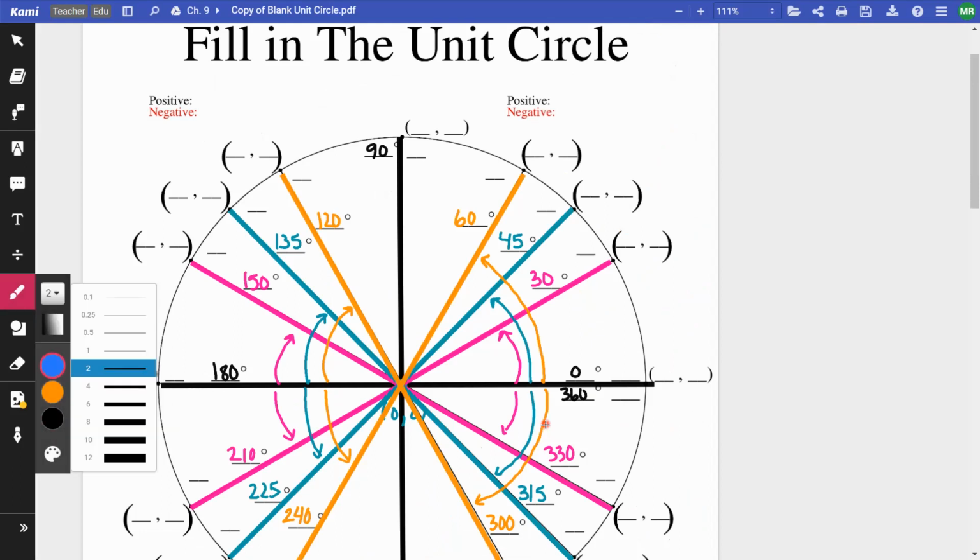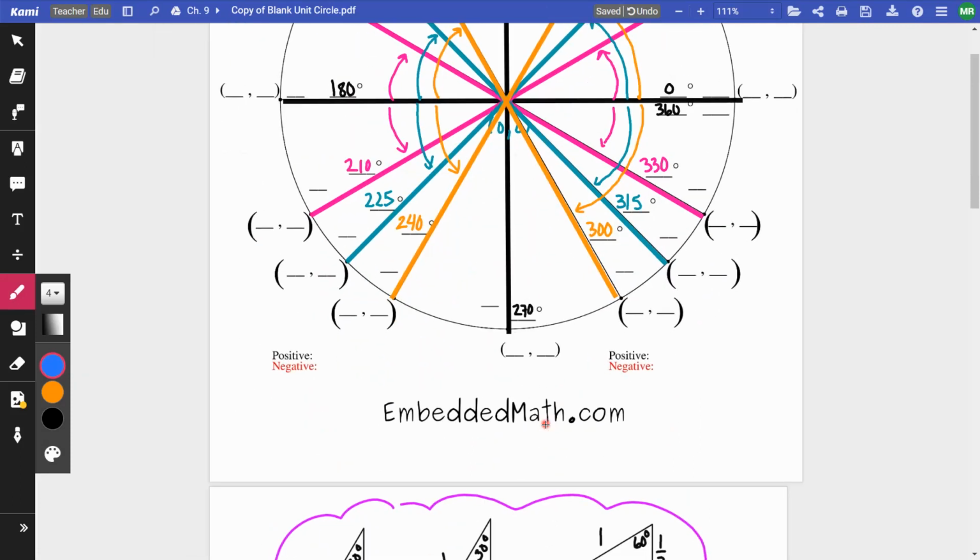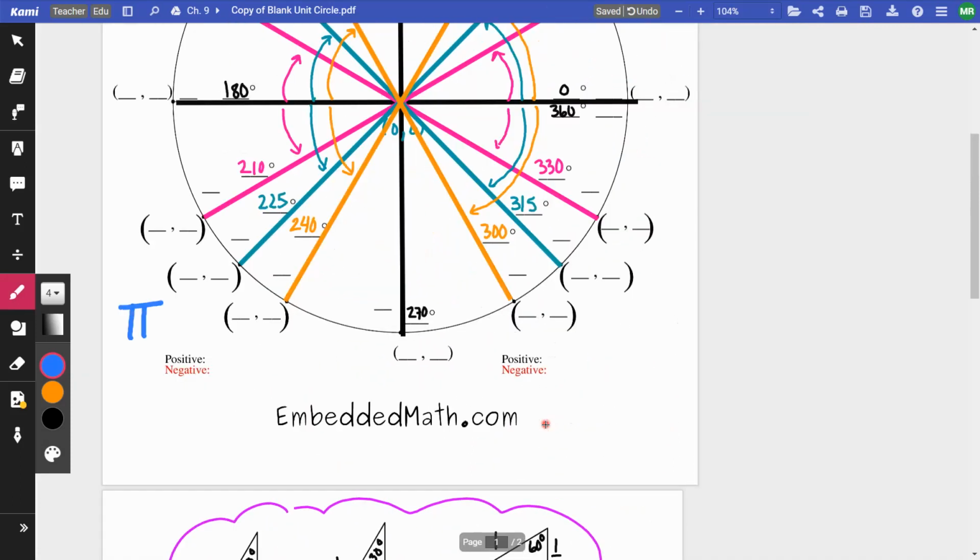This one here is quadrant 1. This side over here is quadrant 2. Down here is quadrant 3. And over here is quadrant 4. And we write them normally in Roman numerals. Okay, it's usually how we'll write them.